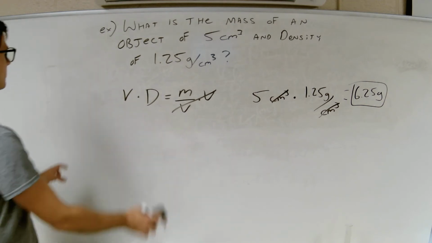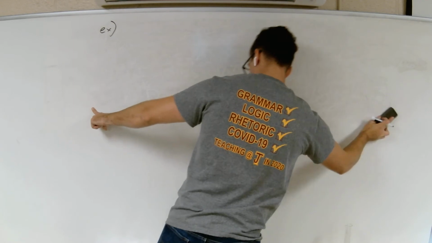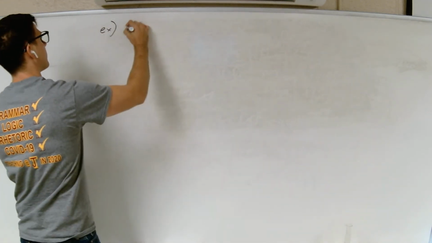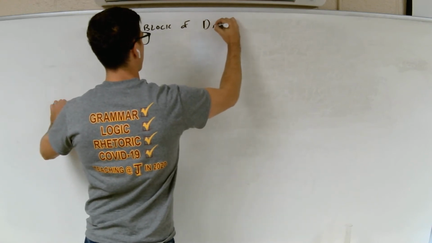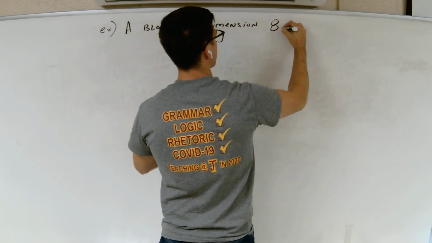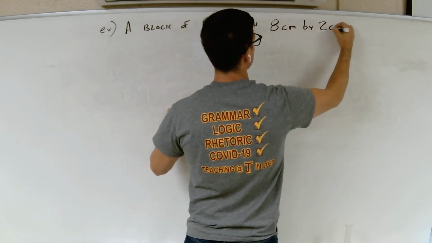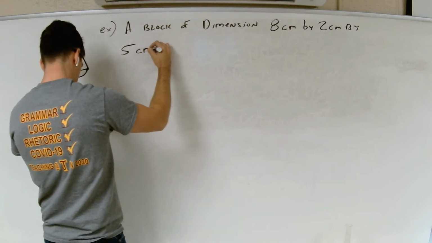All right, next example. We got a block of dimension, we're going to say 8 centimeters by 2 centimeters by, run out of room, 5 centimeters.